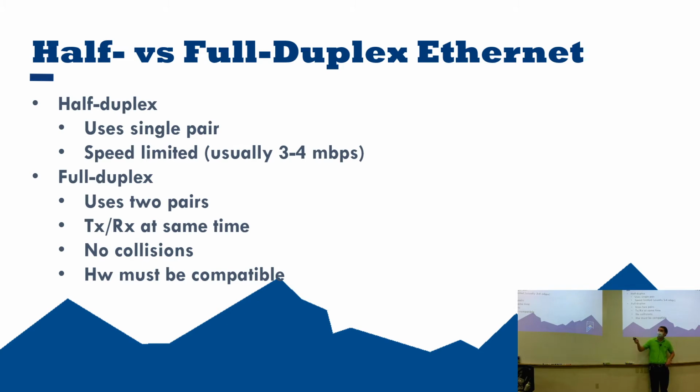Because basically we're using a single pair. We have 8 individual cables, 4 pairs. Isn't it kind of crazy that you have all that and you're using literally 2 out of 8? With that, you're going to be very limited on speed. It's going to be very prone to congestion and a lot of problems. It's the reason we moved to full duplex.